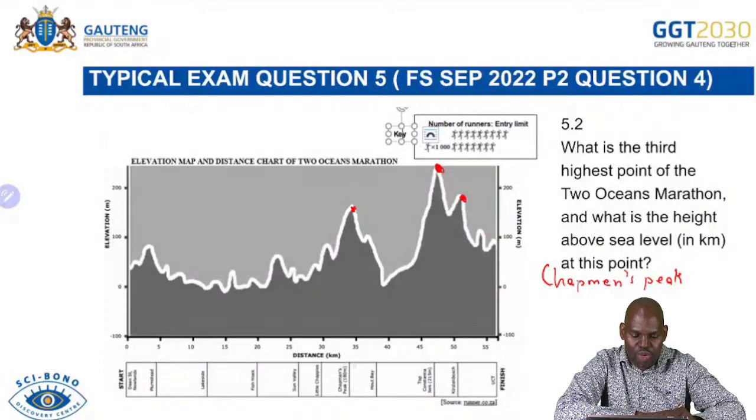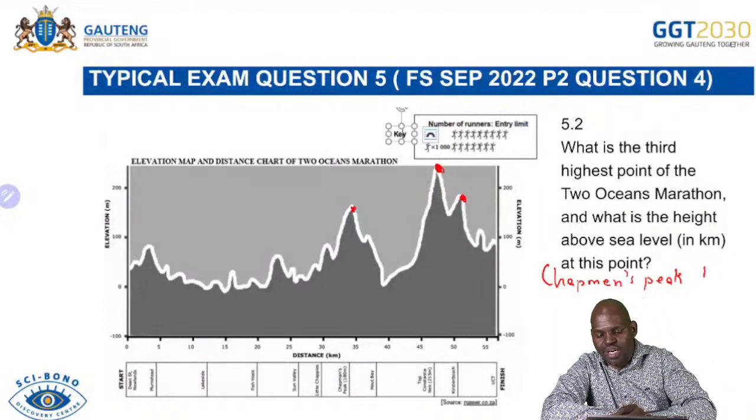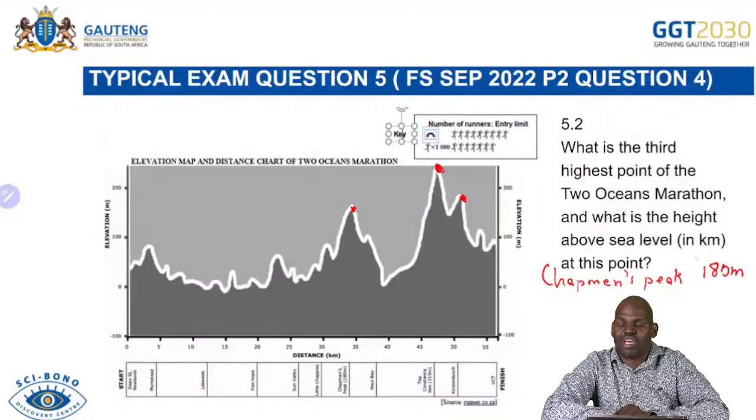If I look at the height there, the height is about 180 meters. So it's 180 meters. But be careful, they say, what is the height above sea level in kilometers?